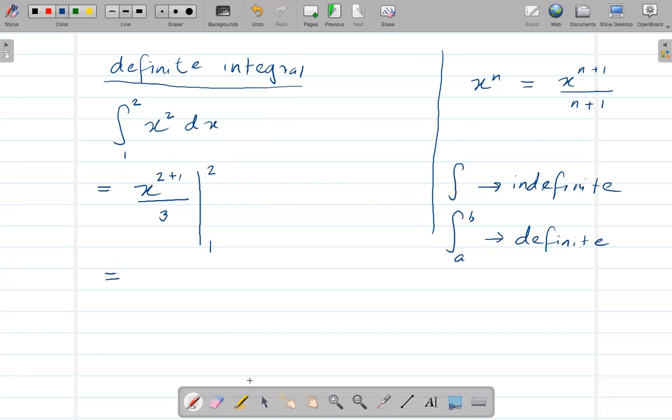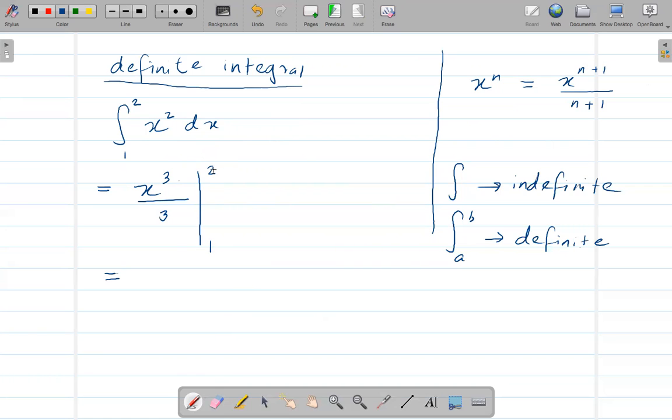And here we can even say 2 plus 1 is 3. Okay, after this, from the top, plug this value here, and minus plug this value here again.